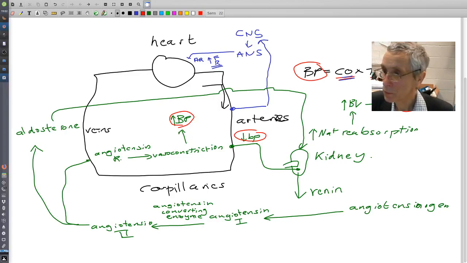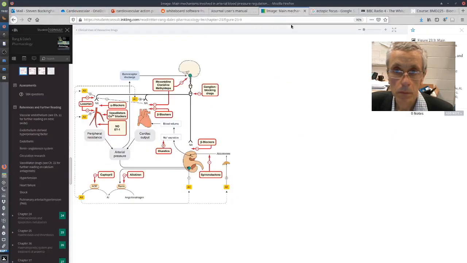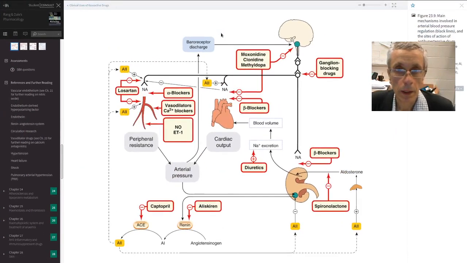So if I show you this diagram here from Rang and Dale, you can see the role of the central nervous system. Arterial pressure is the result of peripheral resistance and cardiac output. Arterial pressure is detected by baroreceptors in the brain, which responds by, first of all, causing vasoconstriction, causing an increase in heart rate and force of contraction, but also interfaces with the renal system.